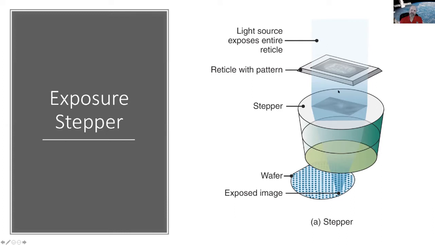And they call this mask up here a reticle. So typically, if it's a contact printing system, a one-to-one with no lens in between the mask and the wafer, that's called contact printing, and it's called a mask. If you have a mask that you're going to use in a stepper, they call it a reticle.